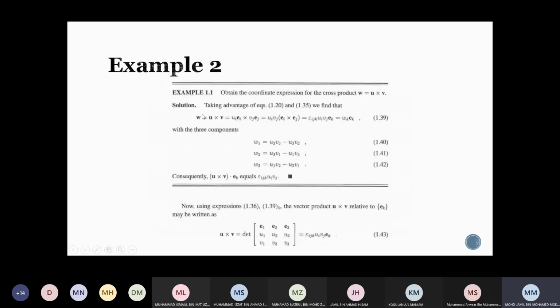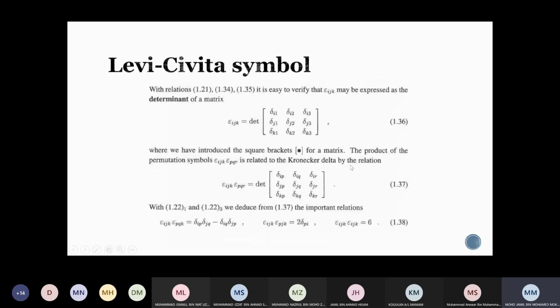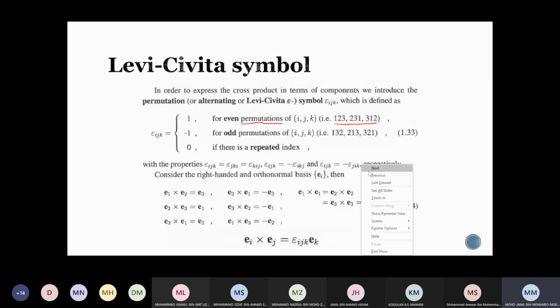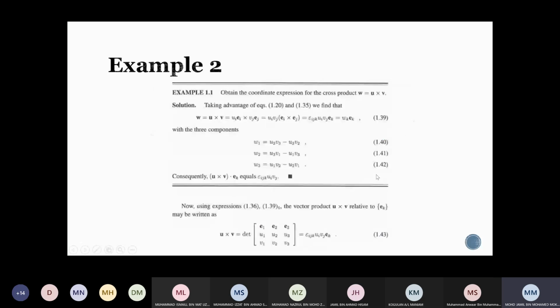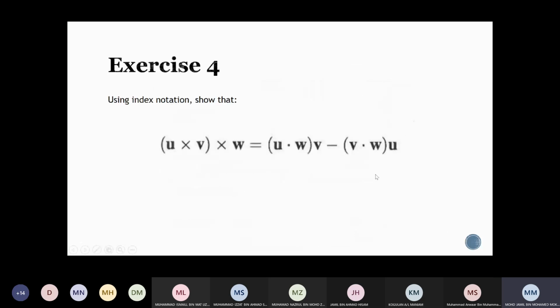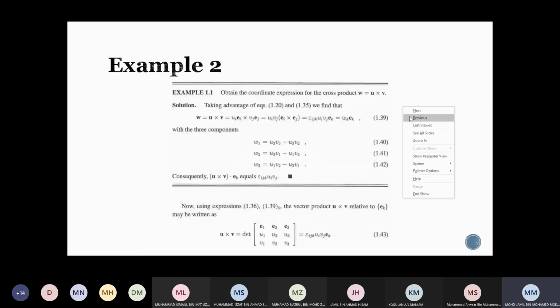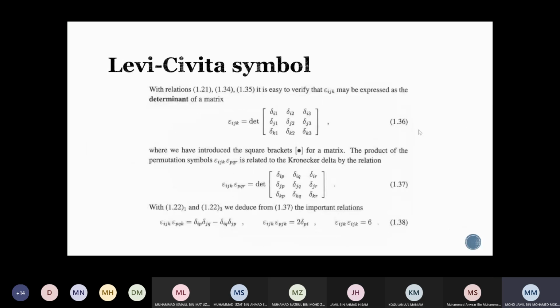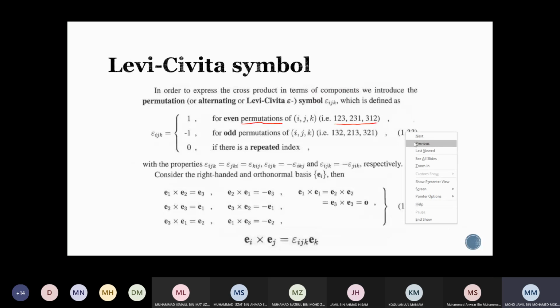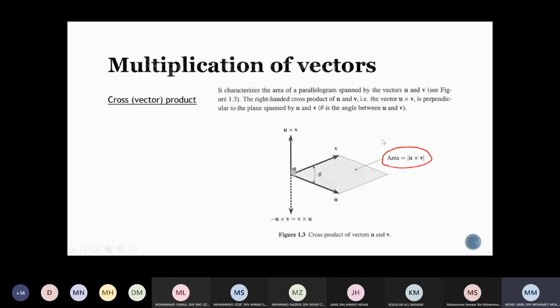So let's look at the cross product first, okay. What is cross product? Okay, so let's say we want to find a cross product.